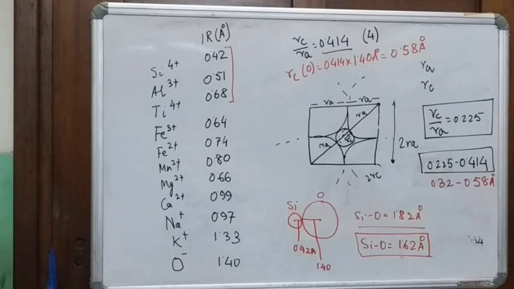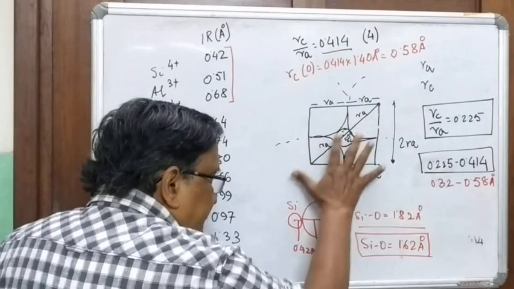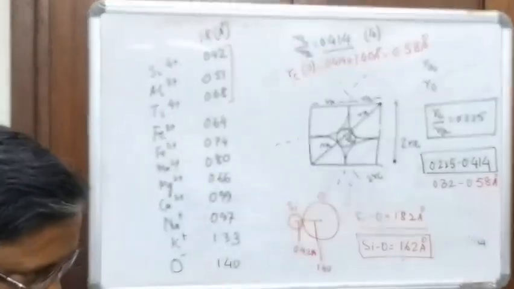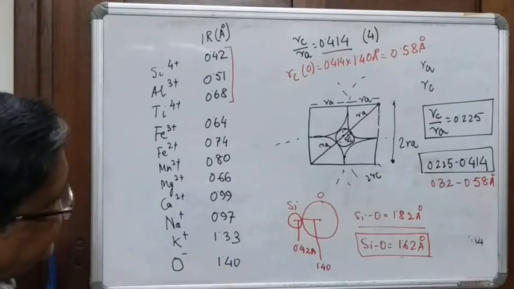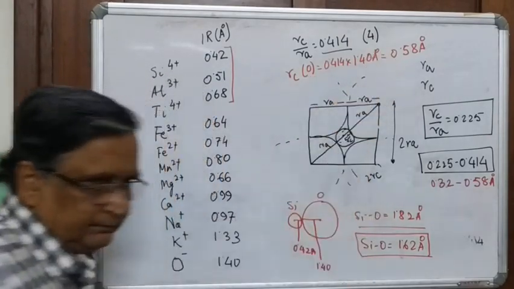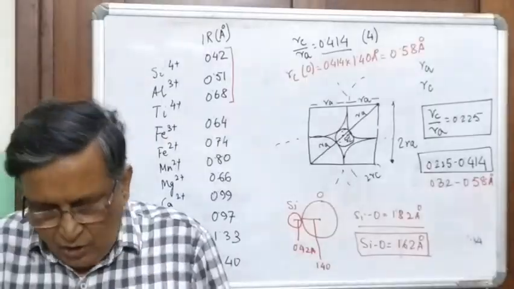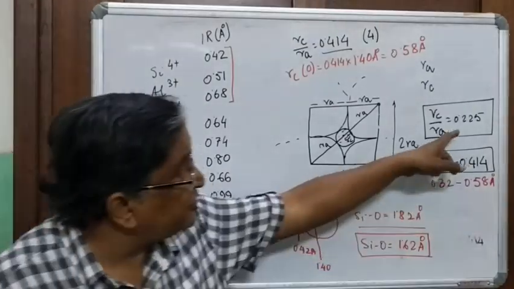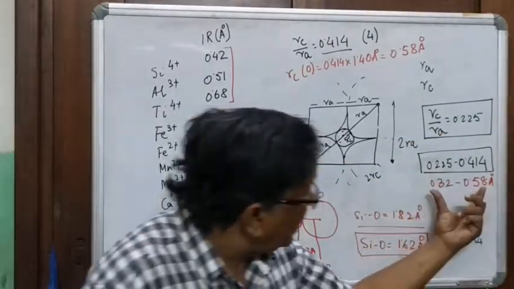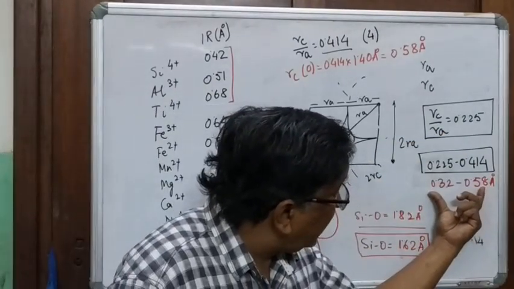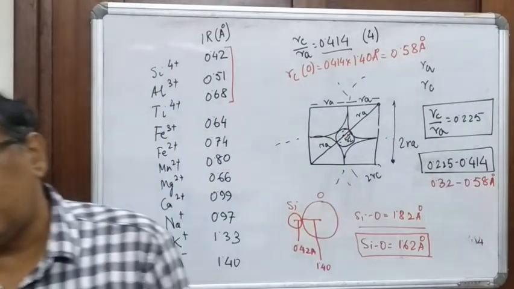So what I'm trying to say here, we have seen that if you arrange 4 oxygens and try to put a cation in the vacant space, either in the form of a planar square or in the form of a tetrahedron, which I asked you to find out from the internet how it is derived, the radius of the cation should be between 0.32 and 0.58 angstroms.